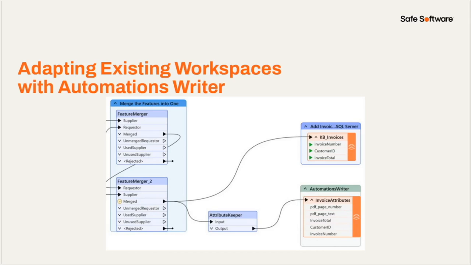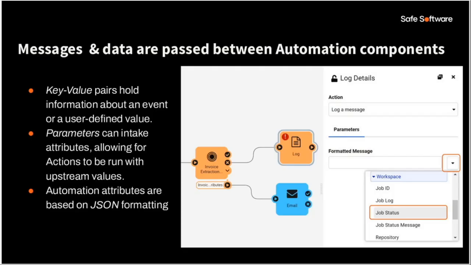So from that feature merger transformer, I'm going to use the attribute keeper, take those attributes that I'm interested in, and feed it into the automations writer so I can use it later on. And then we can also make use of user parameters and linking attributes to workspaces. So ultimately, automations writers allow for data to be taken out of the workspace and processed downstream for the next action or external action in automations.